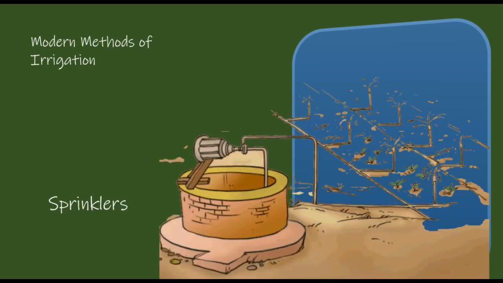As the population increased, the requirement of crops also increased. So as the crop requirement increased, the growth of more crops requires more irrigation, more water.